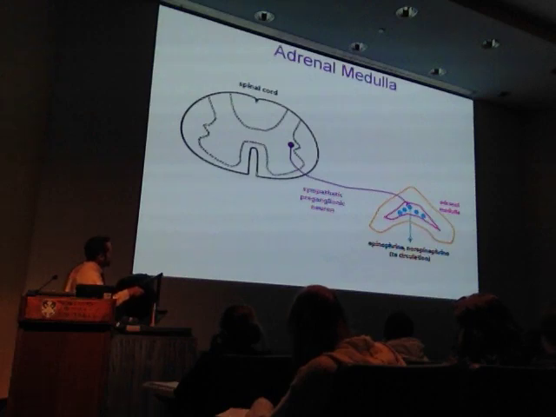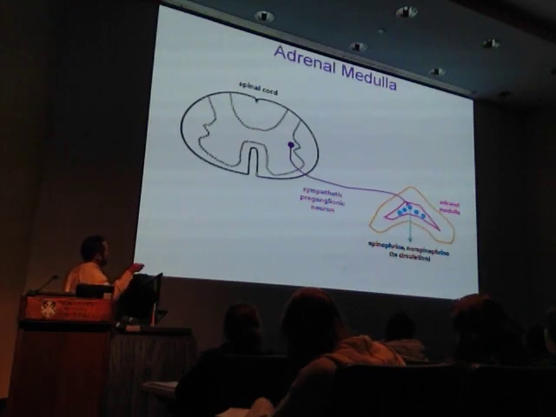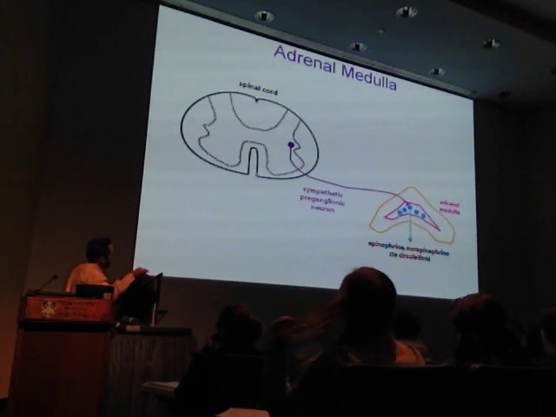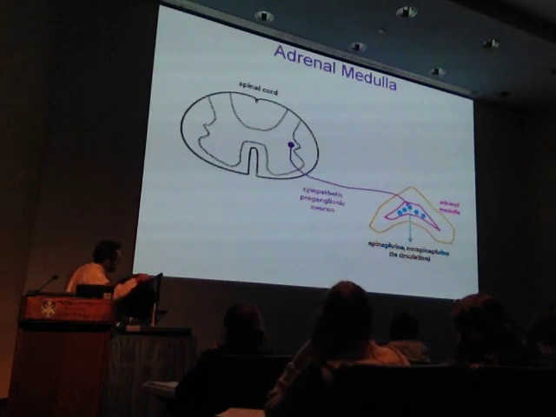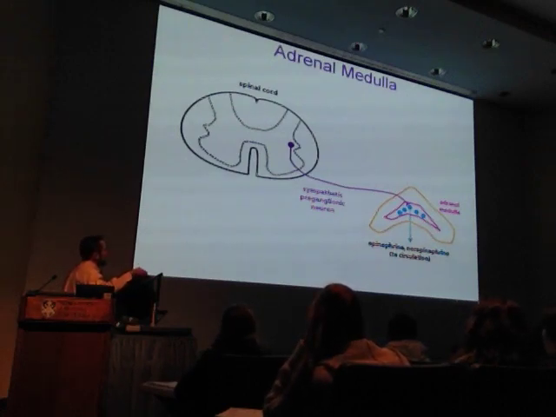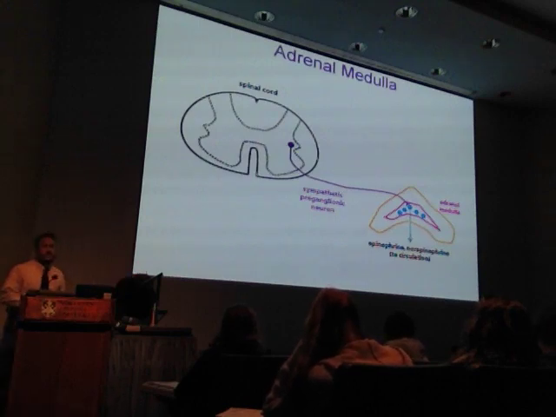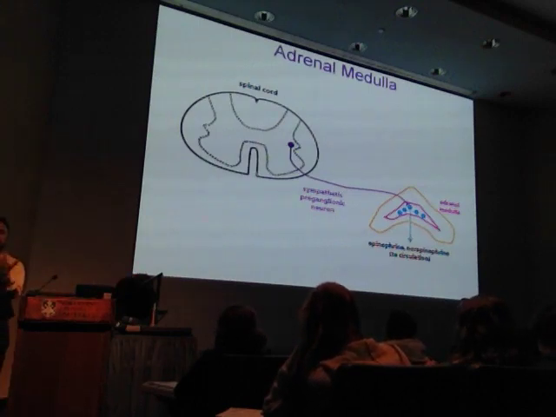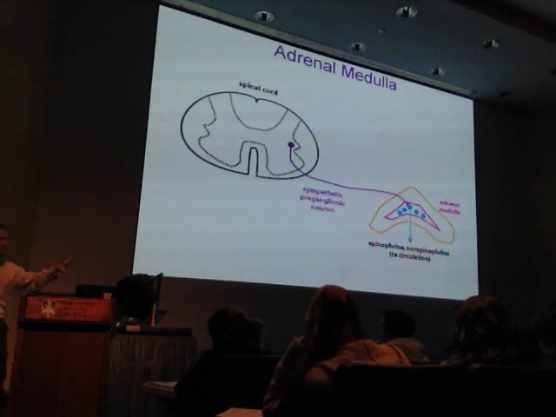And this medulla is responsible for manufacturing epinephrine and norepinephrine. When the sympathetic motor ganglion comes out and stimulates the adrenal medulla to release epinephrine and norepinephrine into the circulation, that's what floats around the bloodstream and hits different target tissues.